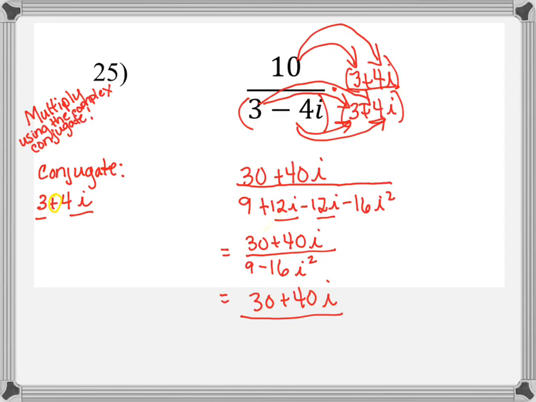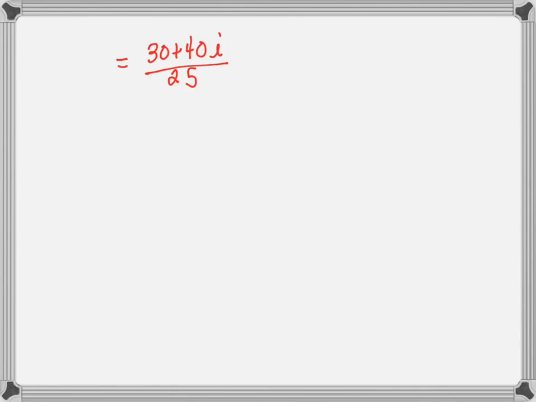My numerator will stay as 30 plus 40i, and in the denominator I now have 9 minus 16 times negative 1, or 30 plus 40i over 9 plus 16. And this further becomes 30 plus 40i over 25.